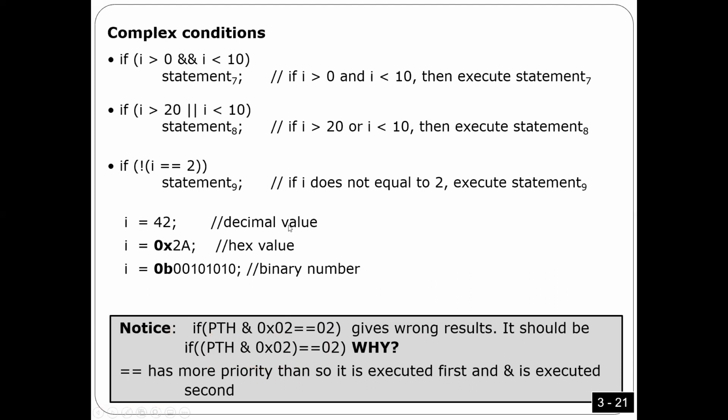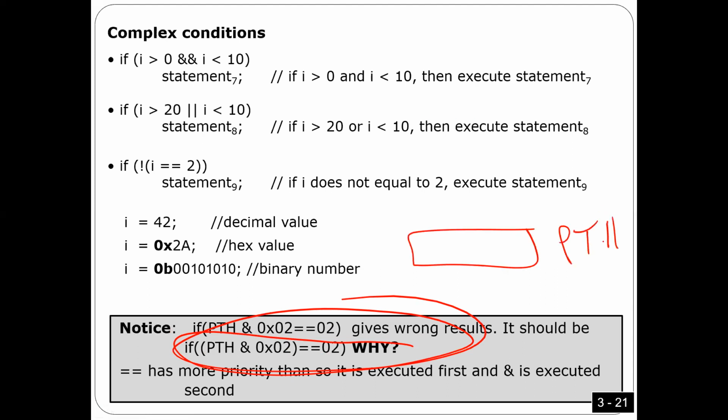Very important. This is what I'm going to use later in C language, if you want to check if a switch is connected or disconnected. Easy, guys. We have port PTH. Every bit here is associated with a switch. If the switch is open, here it is 1. If the switch is connected, here it is 0.